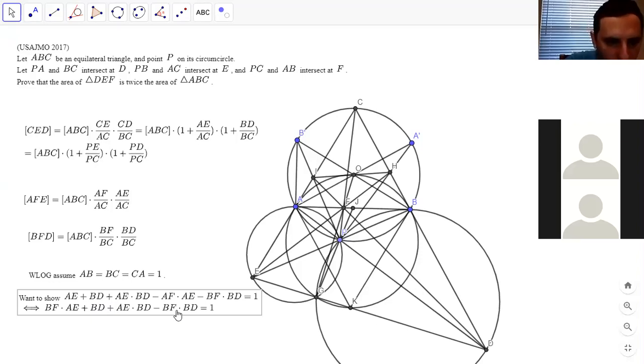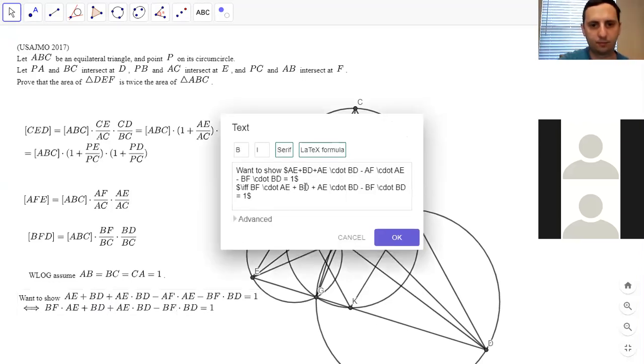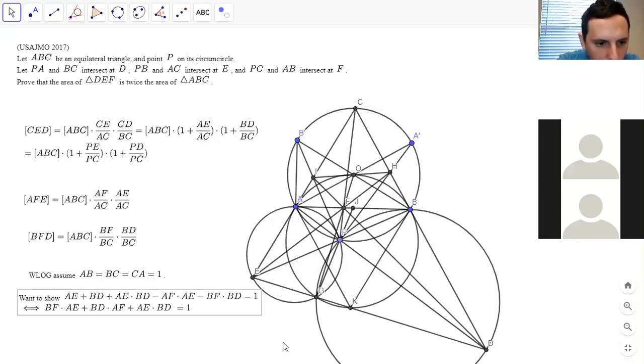So this would be AF times BD. Wait, this doesn't look, oh yeah, this is symmetric. So let's see. BF times AE plus BD times AF plus AE times BD. We want to show this equals 1.